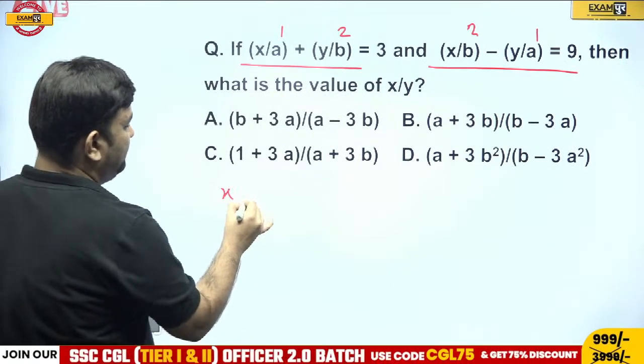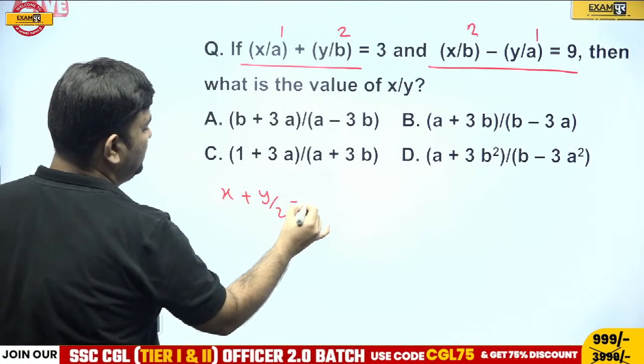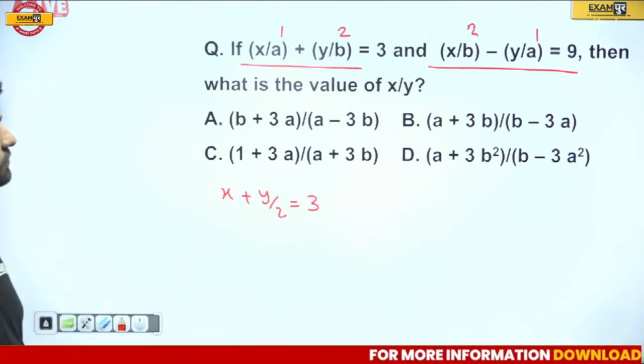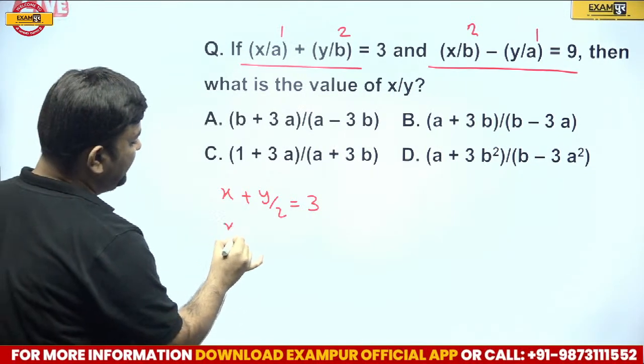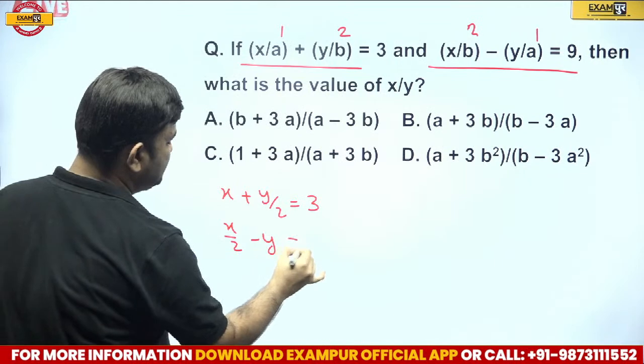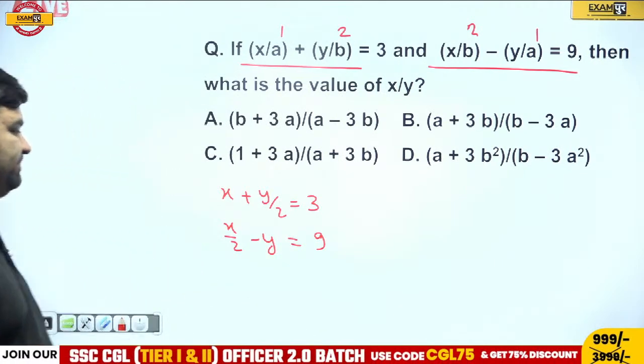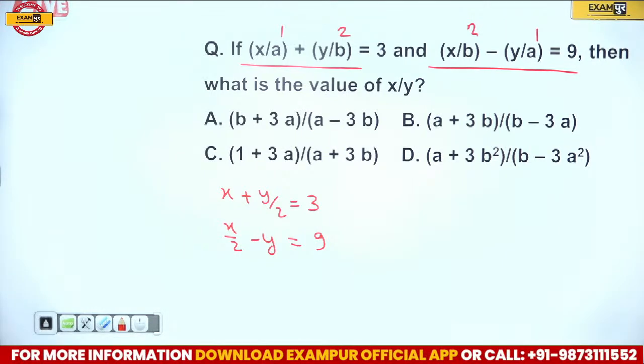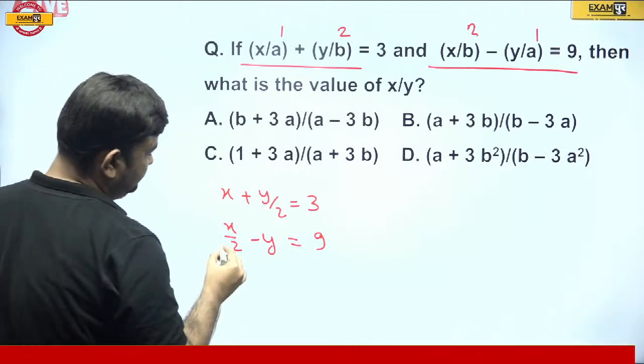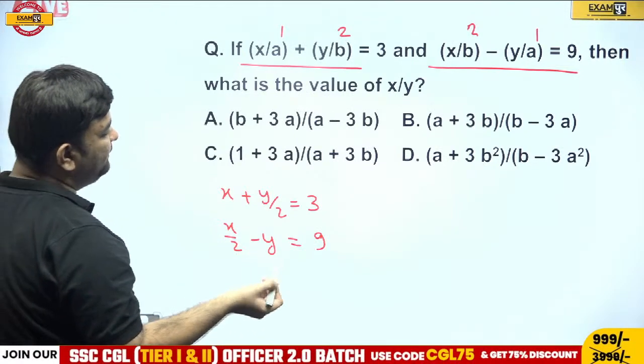So x plus y by 2 is equal to 3, and x by 2 minus y is equal to 9. Find out their individual values.